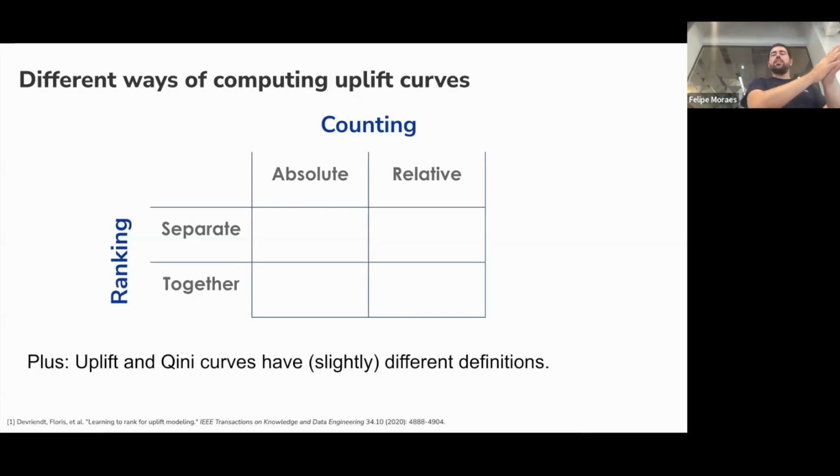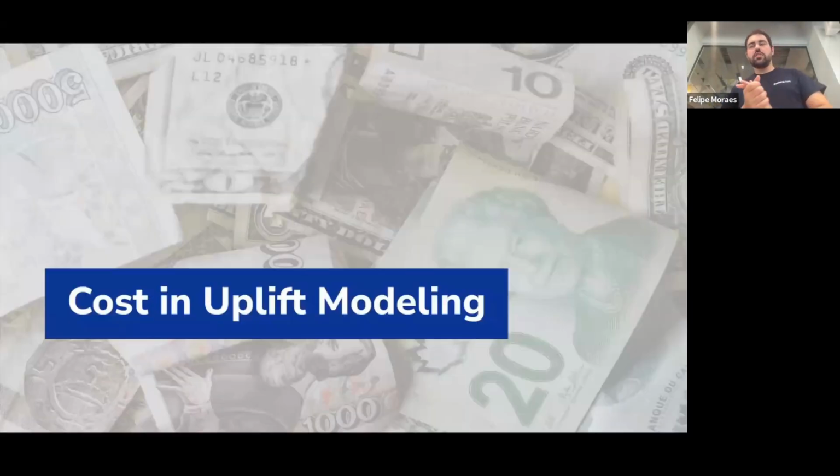And between absolute and relative, it really depends on what you want to see. In business terms, we usually want to see what we get in absolute terms, so that's usually what we go for. So that's the end of this part.